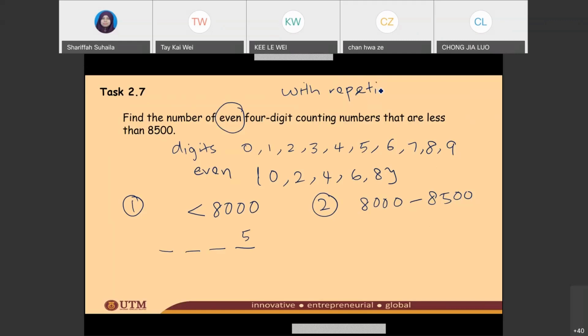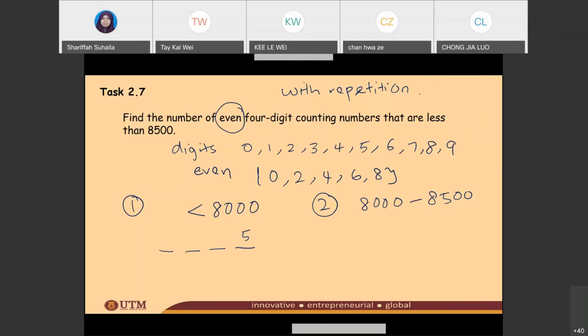If the question states no repetition, then the question is designed for no repetition. But if the question doesn't state anything, you solve using with repetition. Maybe in the test we will highlight whether it is with repetition or without repetition.